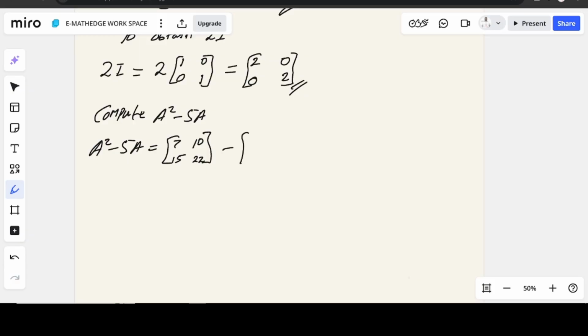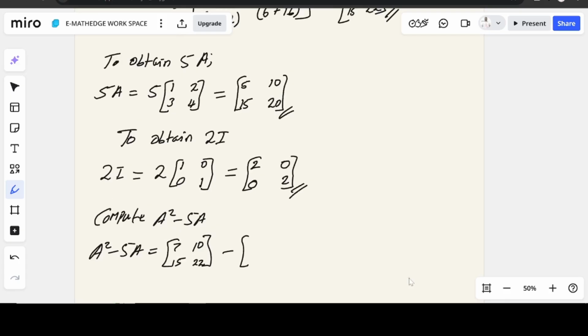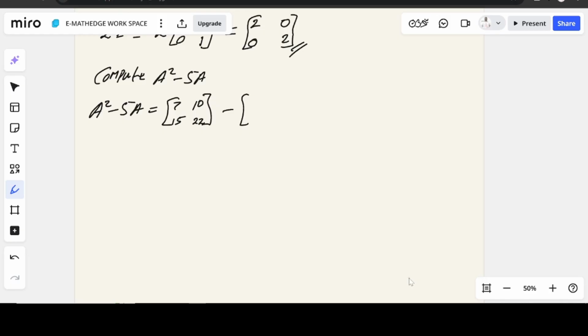Minus, what is 5A? We've obtained it earlier to be 5, 10, 15, and 20. We have it to be 5, 10, 15, and 20. This led us to subtraction of matrices.